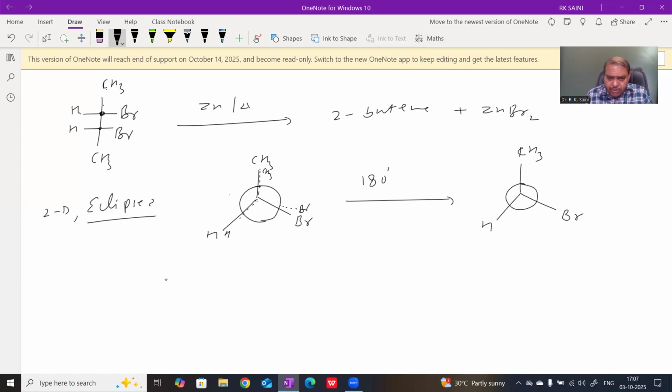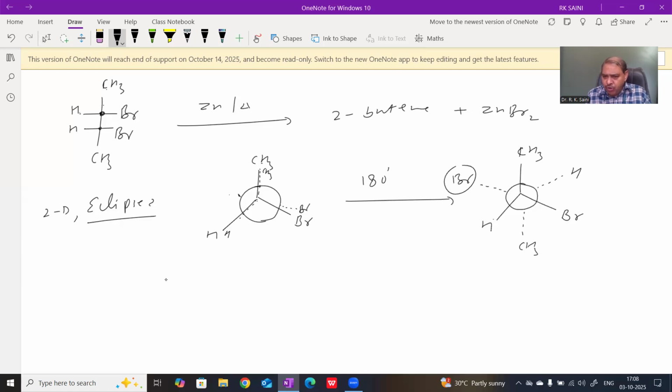This bromine is anti to the first, this methyl is also anti to the methyl, and this hydrogen is anti to this hydrogen.